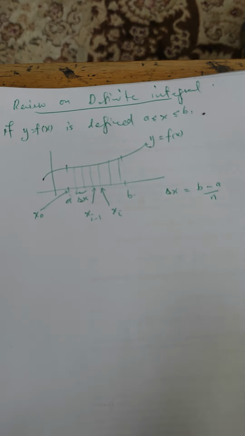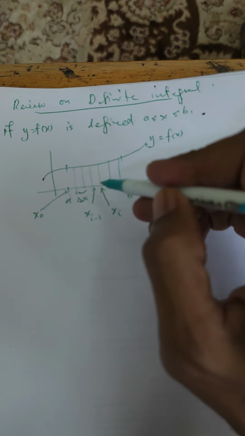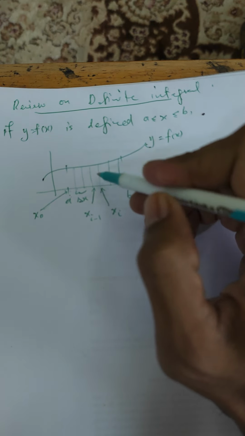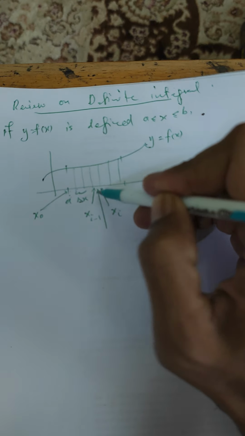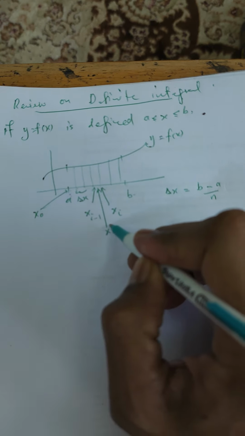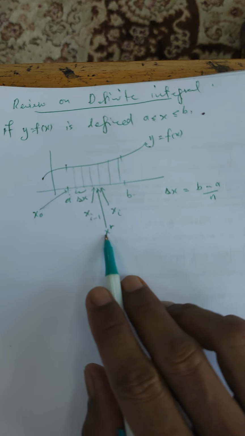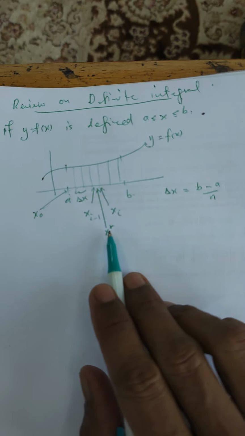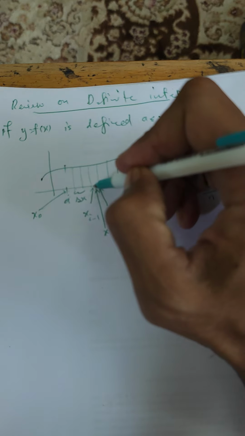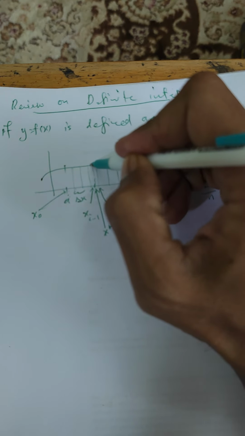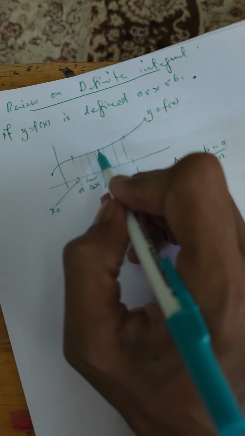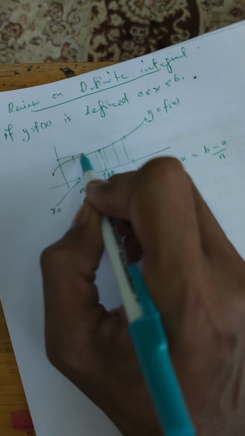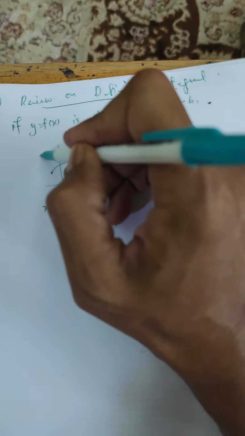Okay, and then we choose a point somewhere here, x_i star. When we evaluate f at x star, we get the height of that small rectangle, so this is our f(x star).